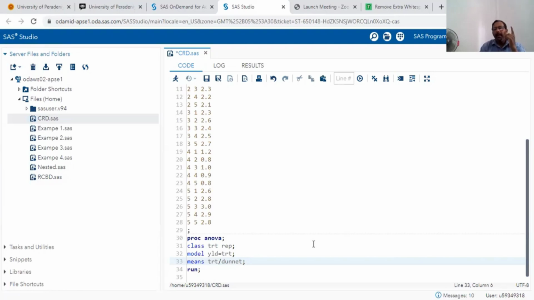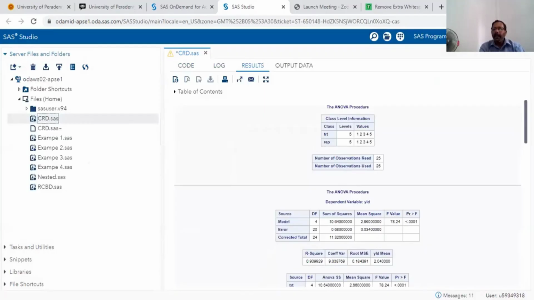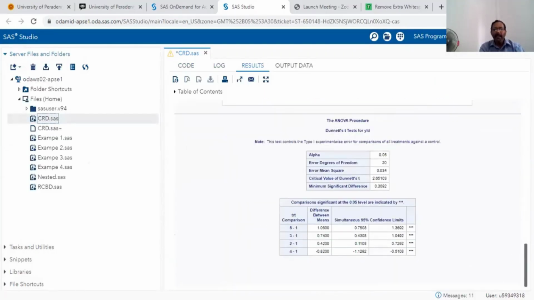Can you remember when we can use Dunnett? Compare with control. Right. Now here we don't specify to the computer what is the control. But you see, the computer will automatically take only one group as control. How does it take it? Let's look at it. I ran the program. Now look at this table. What has happened?